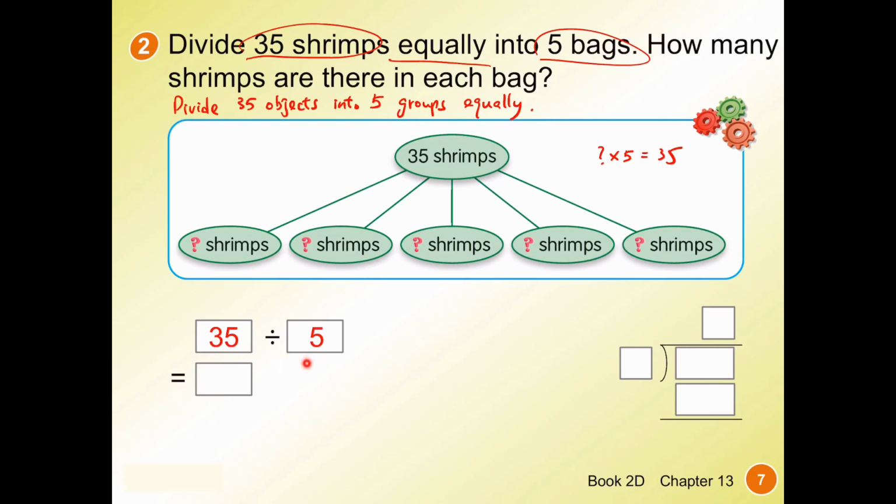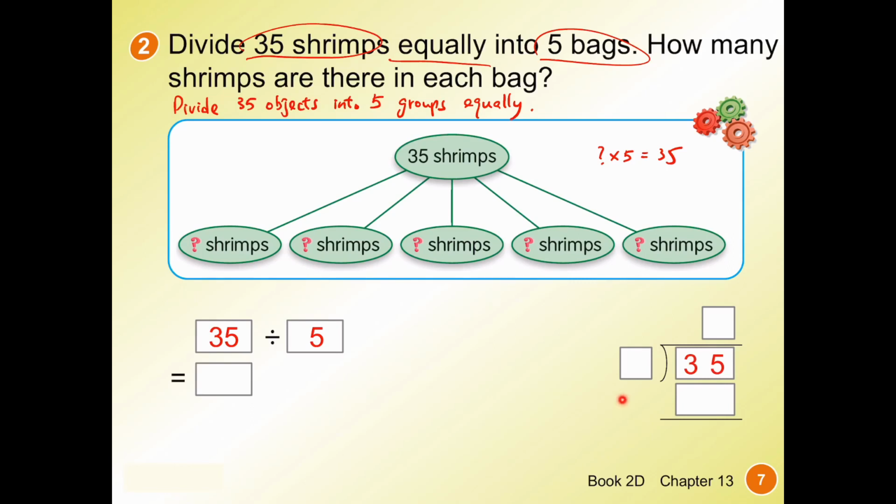And in order to find the answer, we can recite the multiplication table. Once again, in the multiplication equation, the number on the right of the multiplication sign would be the number of groups. Here we have 5 groups, so 5 is over here. So we need to find a number multiplied by 5 equals 35.